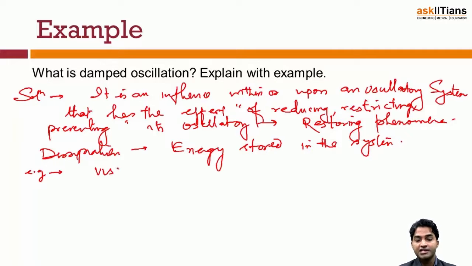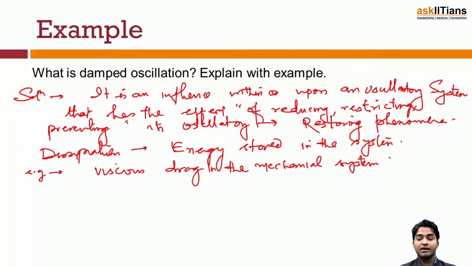These are viscous drag in a mechanical system. We learned the case of Stokes' law, which is just a frictional force. If there is a pan with some viscous liquid and we drop a block into it, what happens? It executes a type of damping in which its amplitude decreases with time. So these are the examples under this.